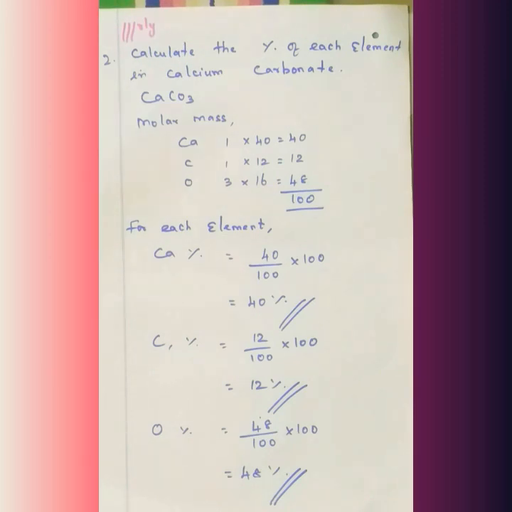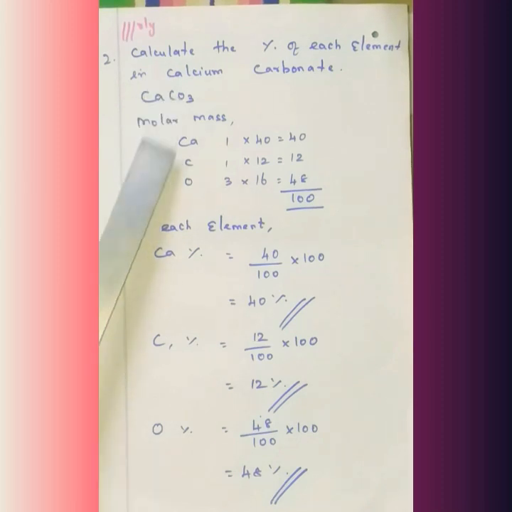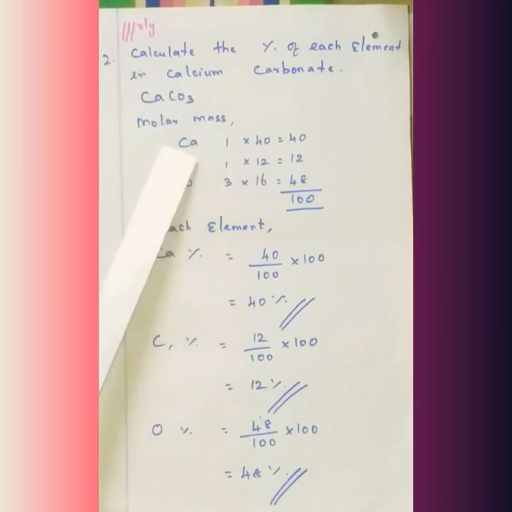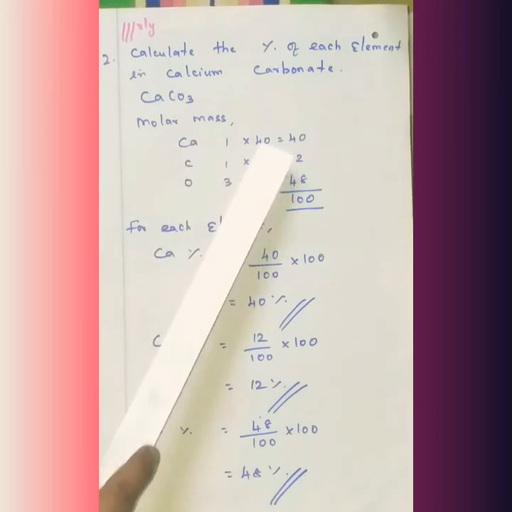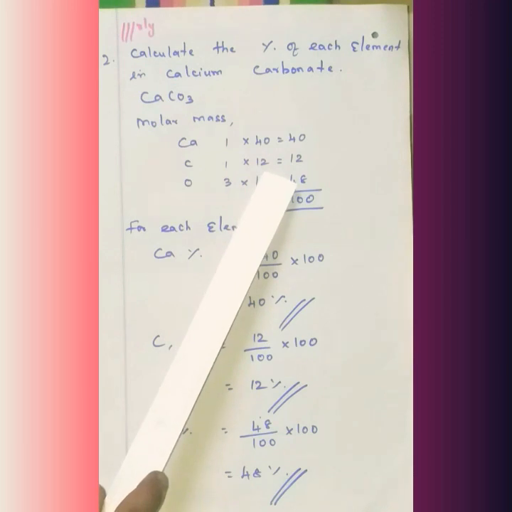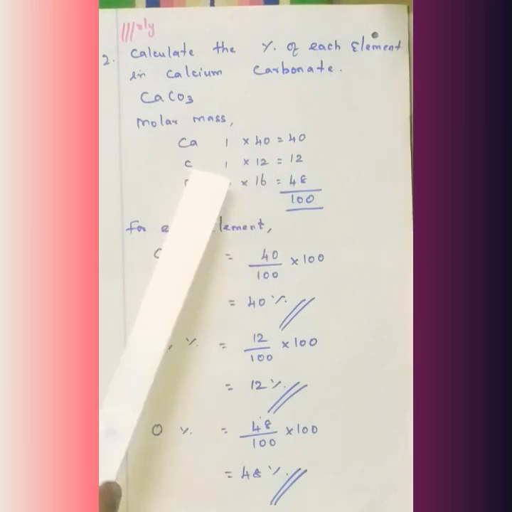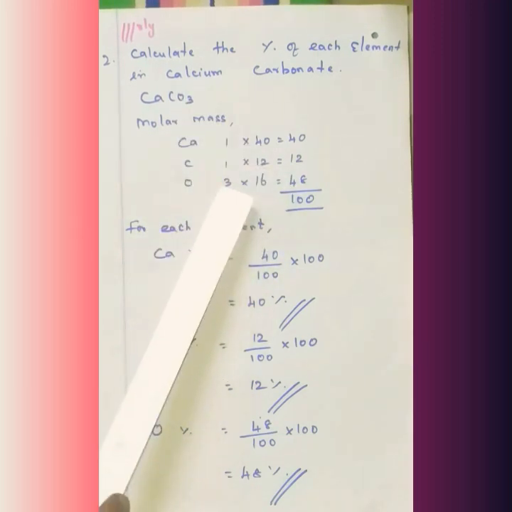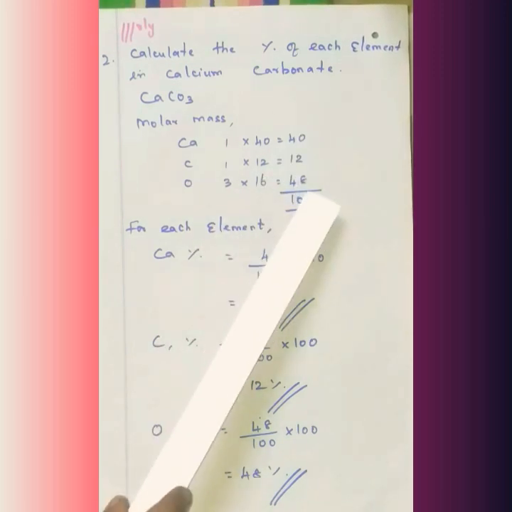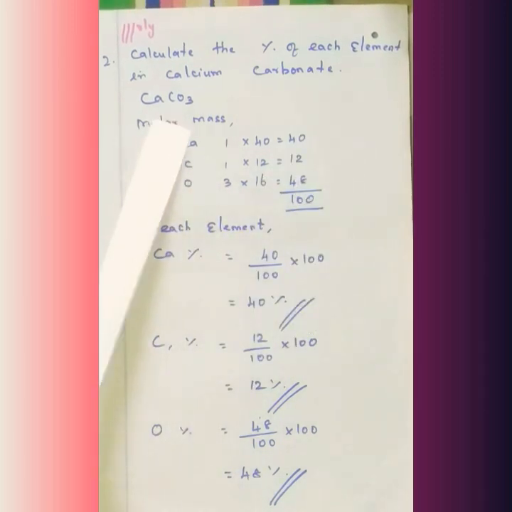So for any problem like this, first we have to calculate the molar mass. Molar mass of calcium carbonate: calcium Ca, carbon C, oxygen O. There is only one calcium, 1 into its atomic mass 40. Carbon 1 into 12, 12 is the atomic mass of carbon. Here 3 oxygen, so 3 into 16, so 48. Totally if we add, we get 100. So this is the molar mass.